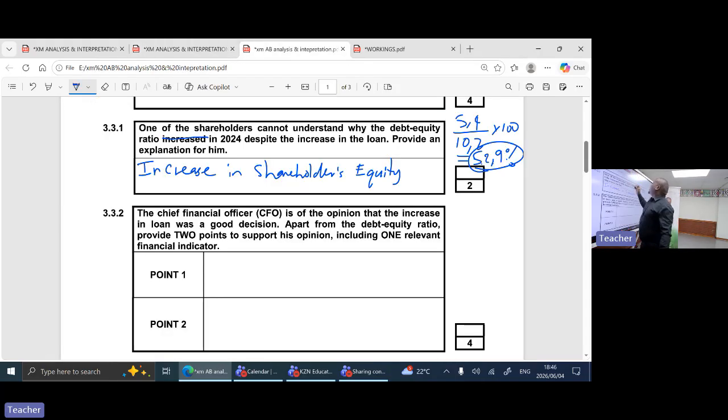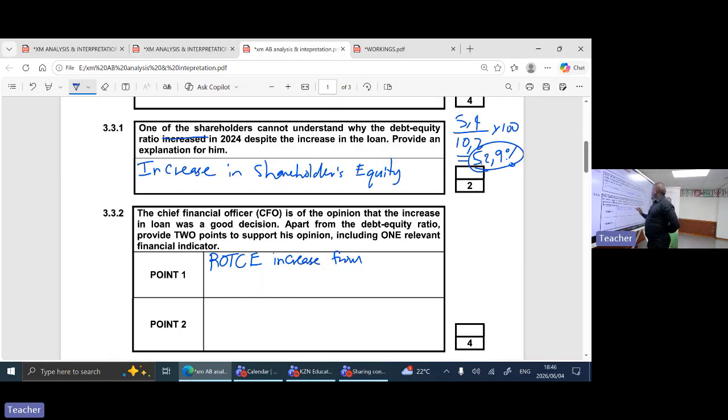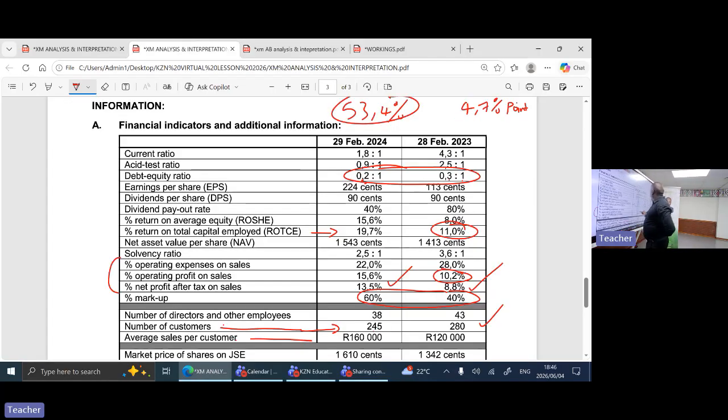Let's start. Right. Point number 1, ROTE, which is return on total capital employed, increased from 11.0% to 19.7%.